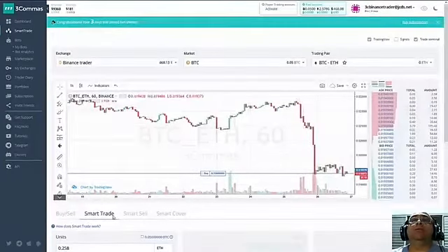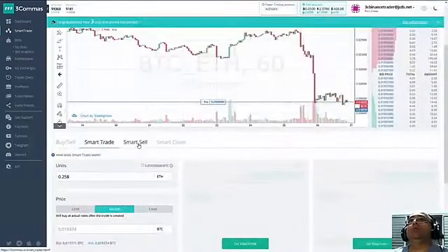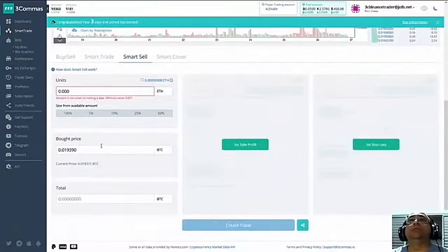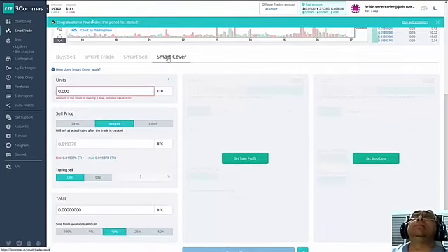Also, you have the smart sell that you use when you already have the coins on the exchange and you just want to turn them into a trade on 3commas. You have the smart cover. It's similar, but it's like a short trade, a short smart sell.